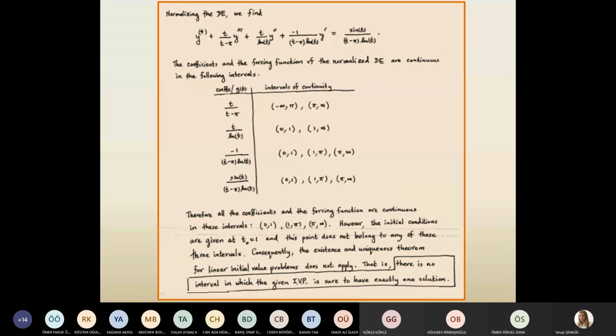Yes? Any question? Okay. It is easy. You need to just check functions continuities.